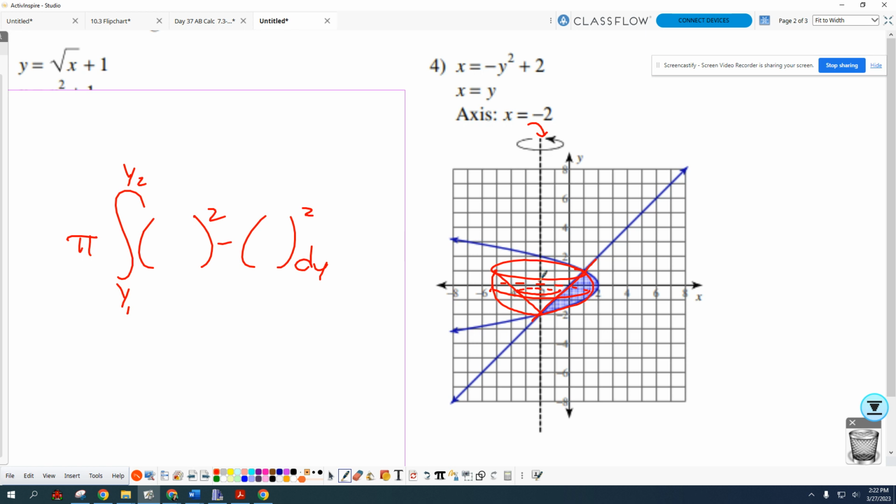The thing I'm spinning around is x = -2, to the curve, the large radius. I need the curve as x equals y. Do I have it like that already? I do. So the large radius is -y² + 2, minus what am I rotating around? -2.